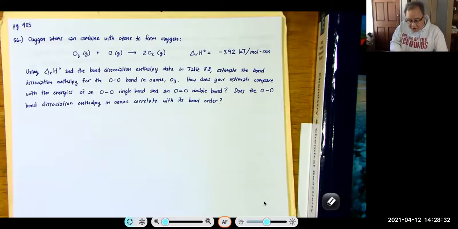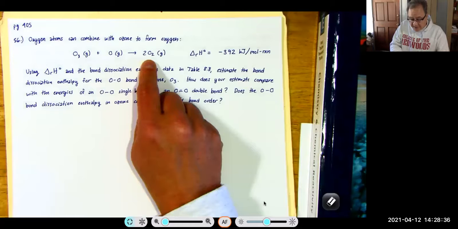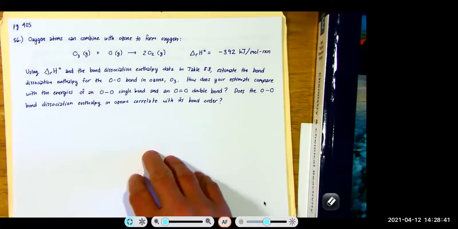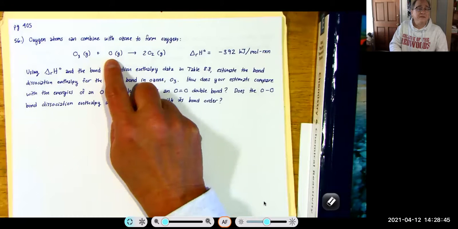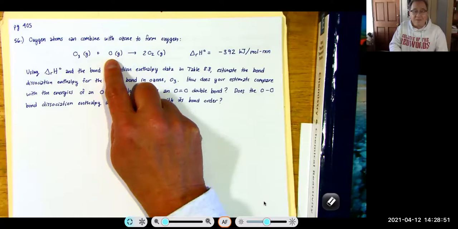Oh yeah, like here the 2O2 would be 2 oxygen double bonds. Right. Yep. And here, how many bonds would you break here? It's not bonded. 0. 0 bonds, because there are no bonds. Right.